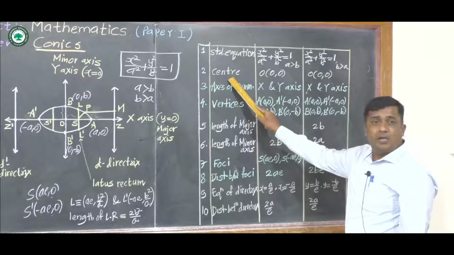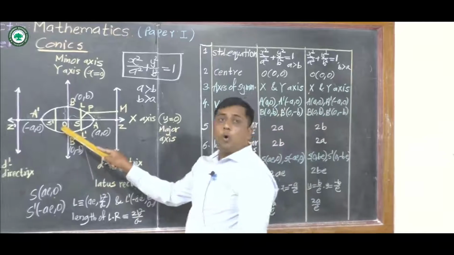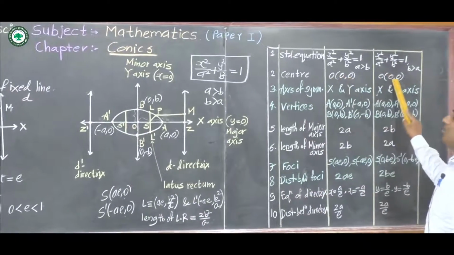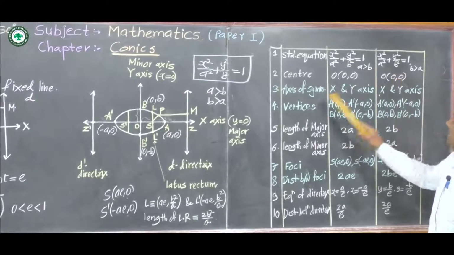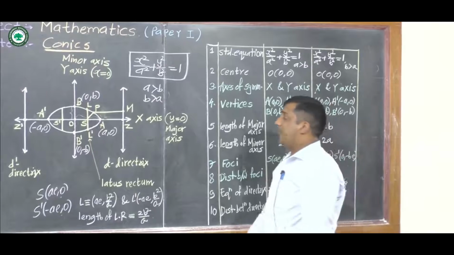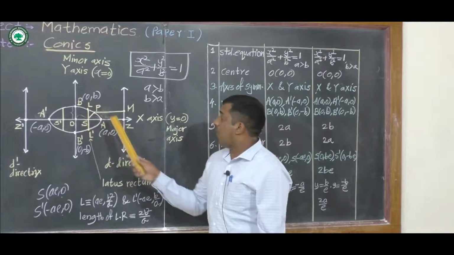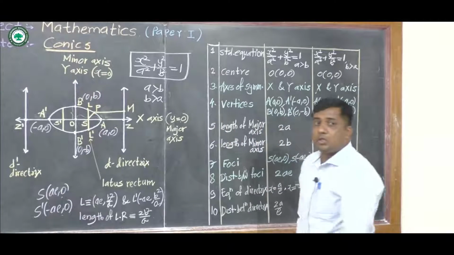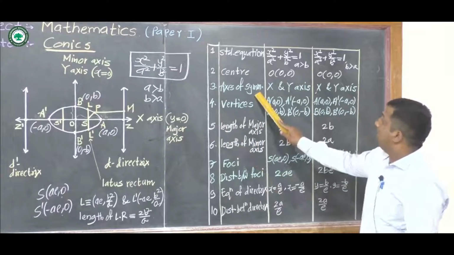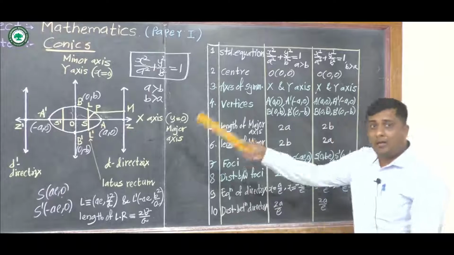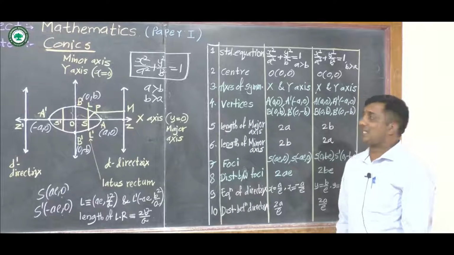For the center we consider the origin, with coordinates (0, 0). Next, the axes of symmetry are along the x and y axes. To define the ellipse, we consider the x and y axes as axes of symmetry.